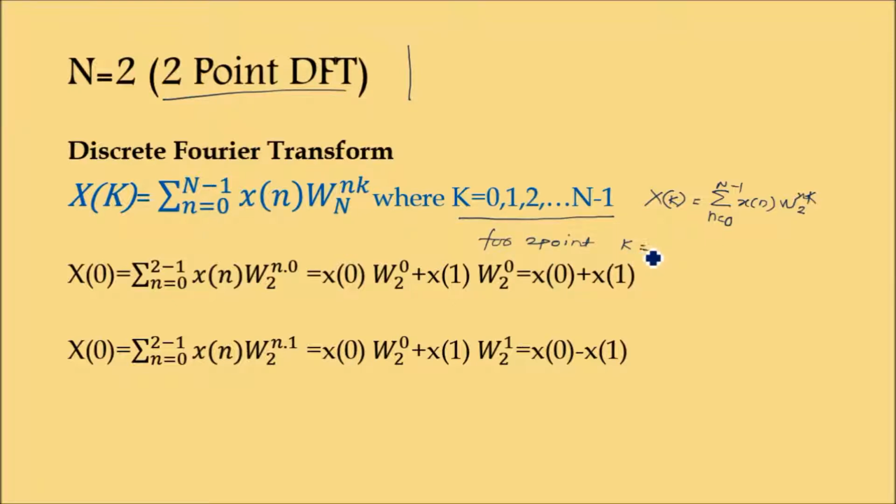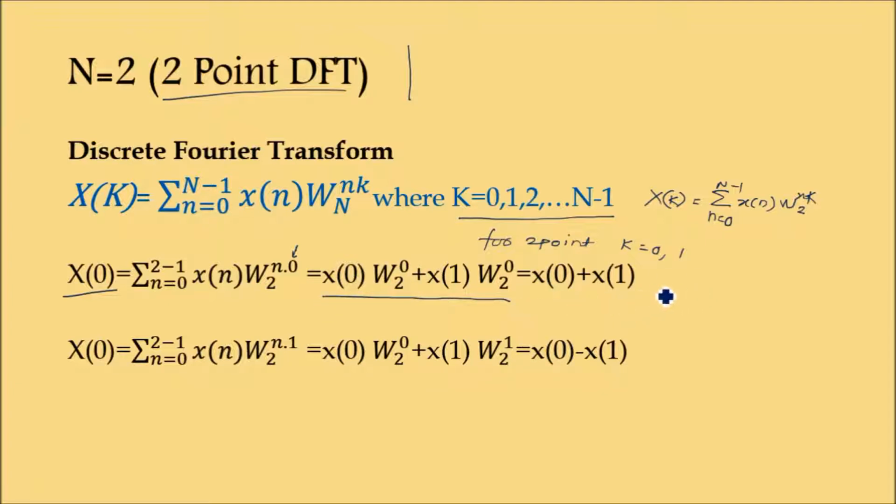The k values are 0 and 1, so we have X(0). For k equal to 0, X(0) is the summation for n from 0 to 2 minus 1 of x(n) W raised to this k value. After putting it, it will become x(0) W_2 raised to 0 plus x(1) W_2 raised to 0, meaning anything raised to 0.